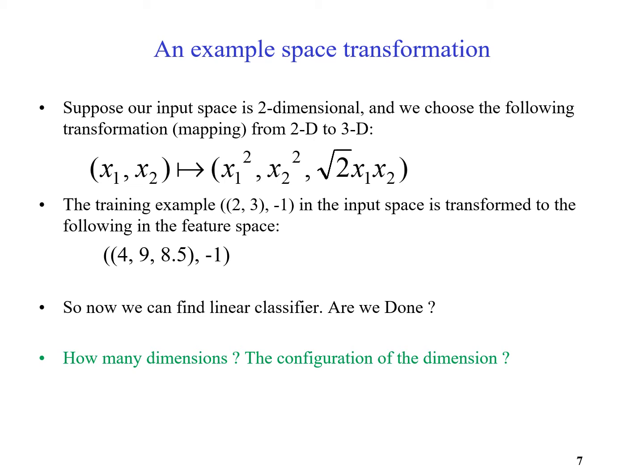Actually, the answer is no. There is no guarantee that we find linear classifier in higher dimension. So expanding dimension doesn't necessarily mean you find the linear classifier in higher dimension.